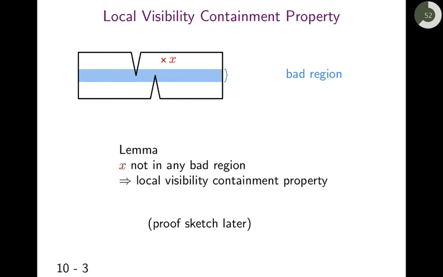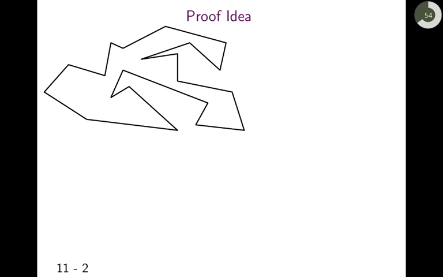If X is not in a bad region, then the local visibility containment lemma says the points around the grid, some grid points around X see everything that X sees. So that's it. And I will give a proof sketch later, but I want to tell you how to use it.